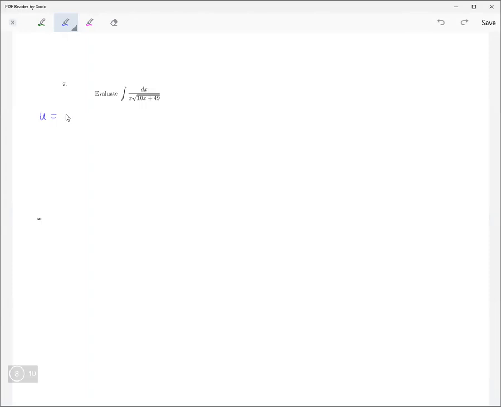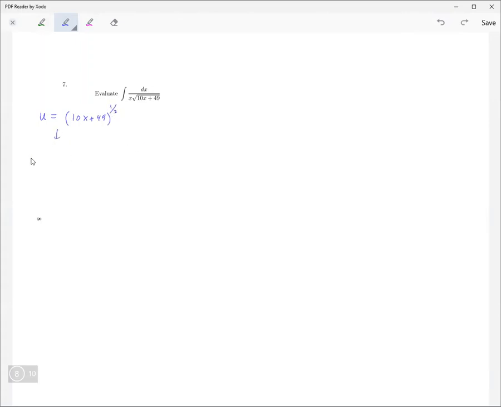So we're going to let u be the square root of 10x plus 49. Or let me write it this way instead: 10x plus 49 to the 1/2, okay?